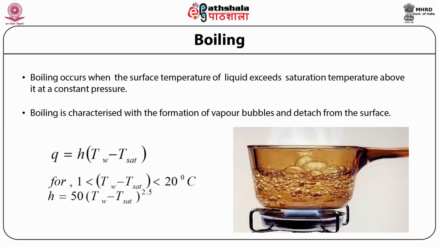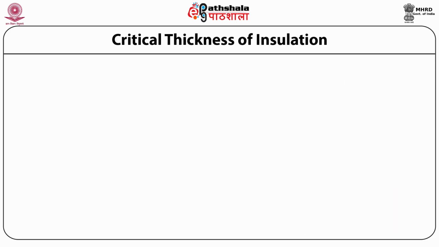Beyond 20 degrees Celsius, the formation of bubbles is very rapid, and so the rate of heat transfer is very less. So students, after knowing the phenomenon of boiling and condensation, let us discuss the critical thickness of insulation.